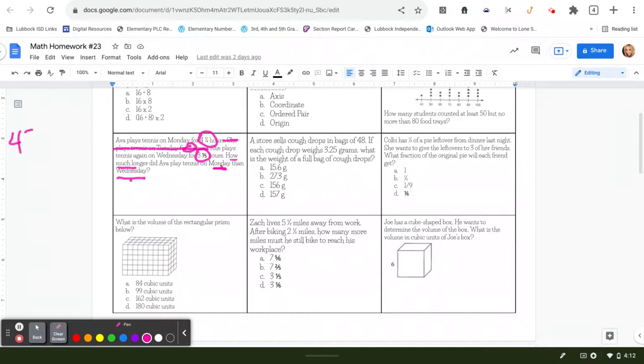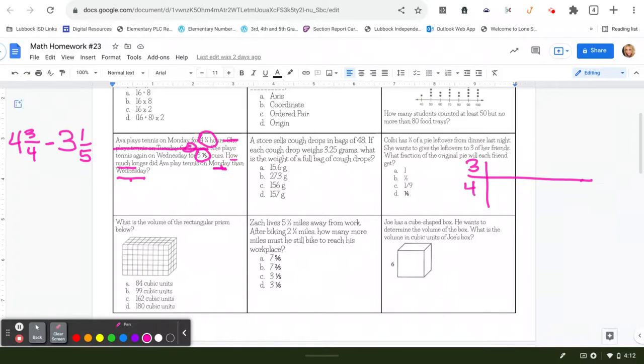Okay, so Monday she plays 4 3/4 hours, and I want to know how much longer that is than 3 1/5 hours. So step 1 is for us to make a ratio table. So I'm going to come over here, and I have to start with my fraction that has the lower denominator, so that's 3/4, even though that's a greater number.